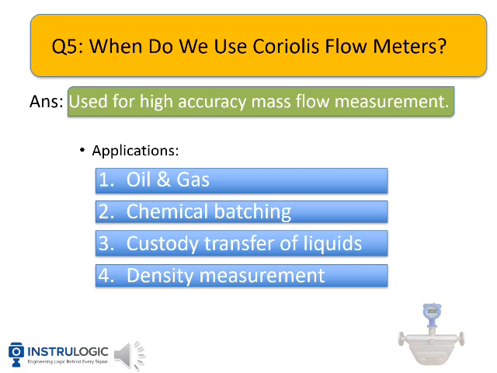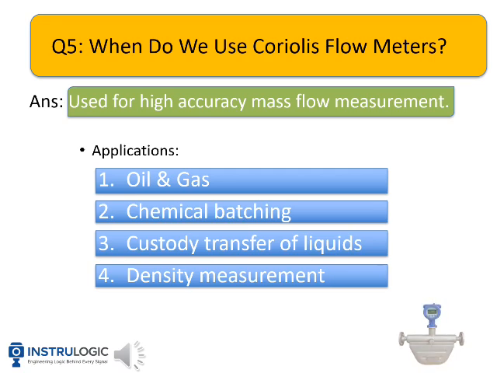Question 5. When do we use Coriolis flow meters? These meters are used for high-accuracy mass flow measurement. Unlike many other meters that measure volume, Coriolis meters directly measure mass flow, which is critical in certain processes. Where are they applied? Oil and gas, for precise measurement of hydrocarbons. Chemical batching, ensures accurate dosing of chemicals.